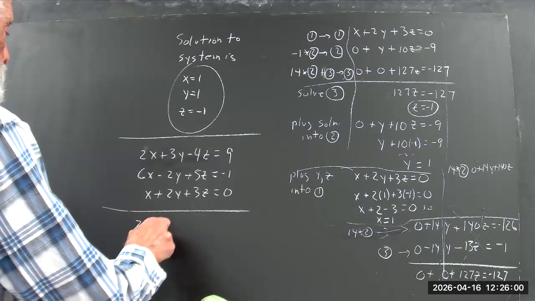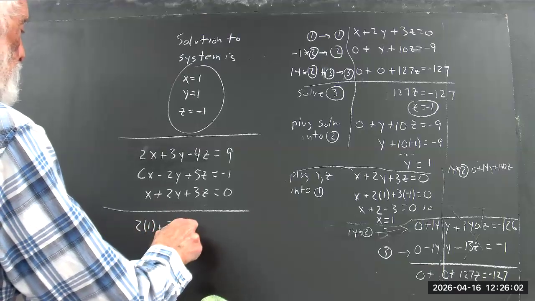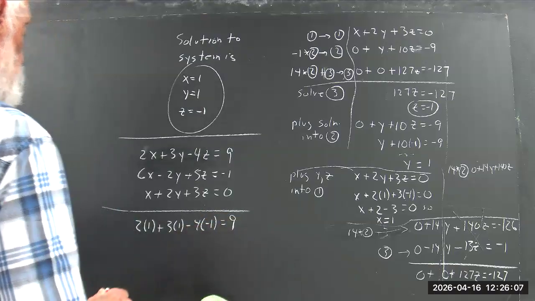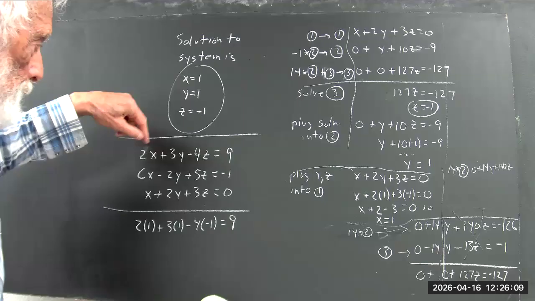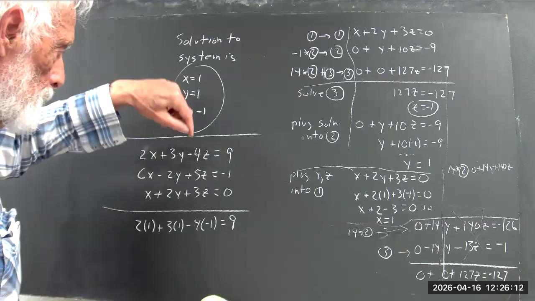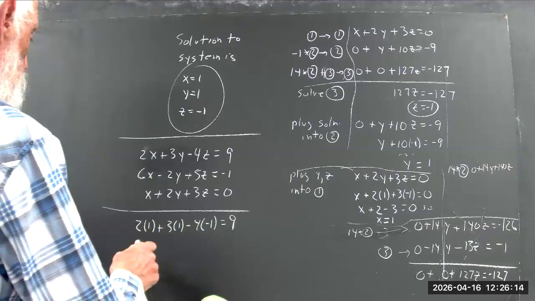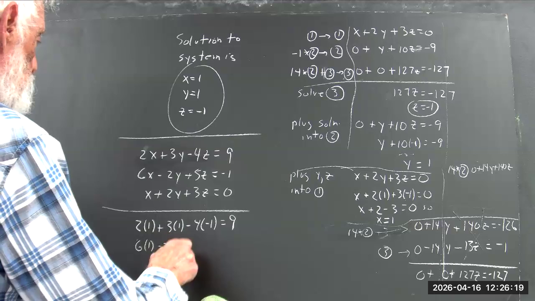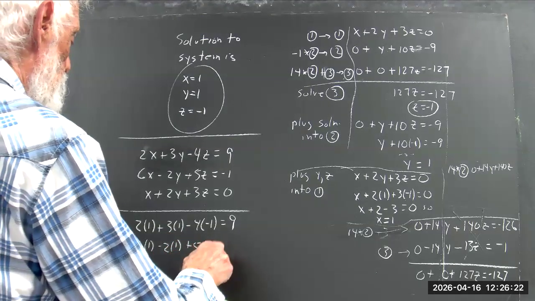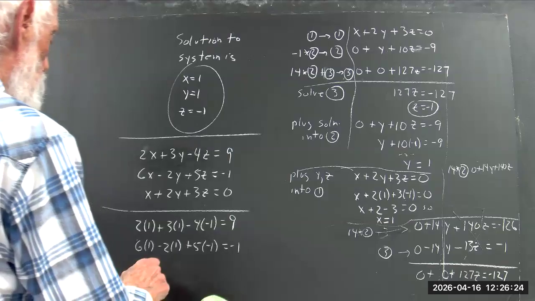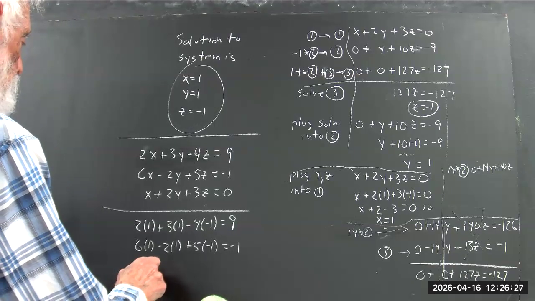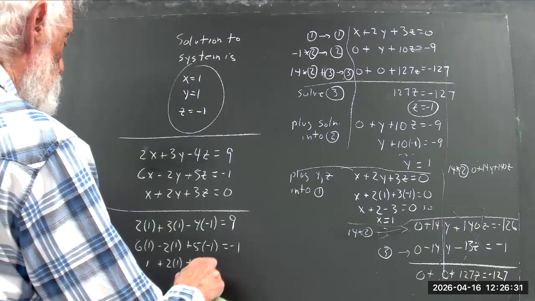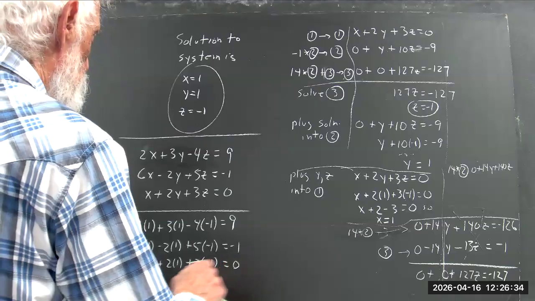Okay. This gives us, for x equals 1, y equals 1, z equals negative 1, we should get 2 times 1 plus 3 times 1 minus 4 times negative 1 equals 9 from the first equation. Second equation should be 6 times 1 minus 2 times 1 plus 5 times negative 1 equals negative 1. Third equation should be 1 plus 2 times 1 plus 3 times negative 1 equals 0.